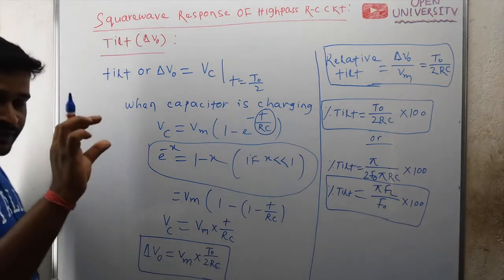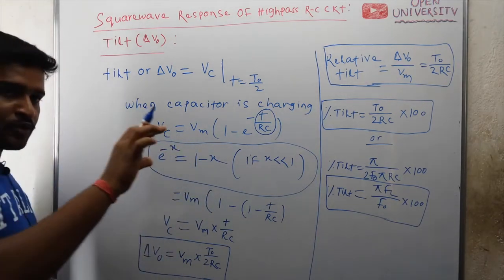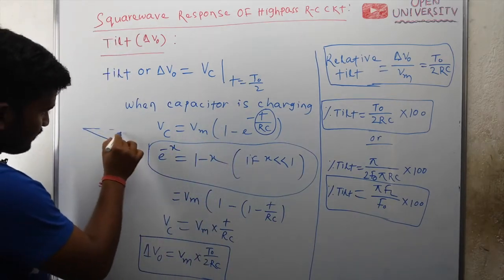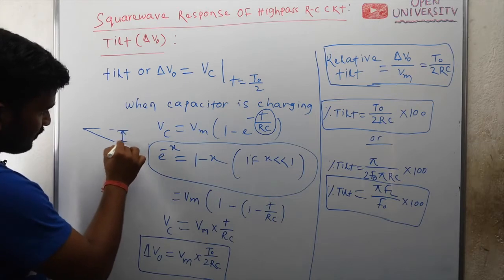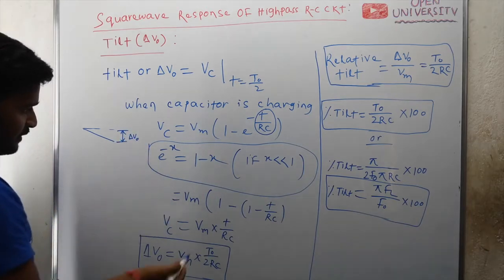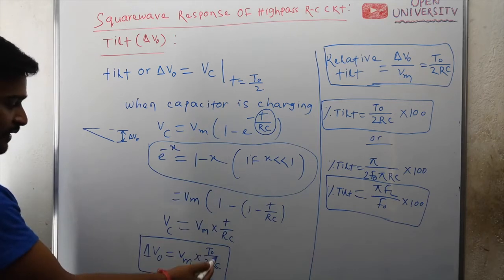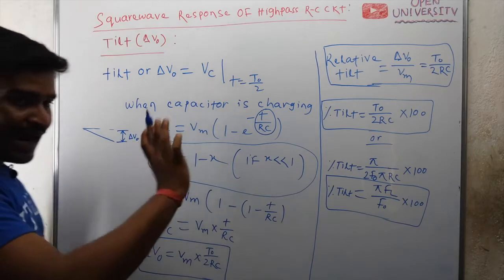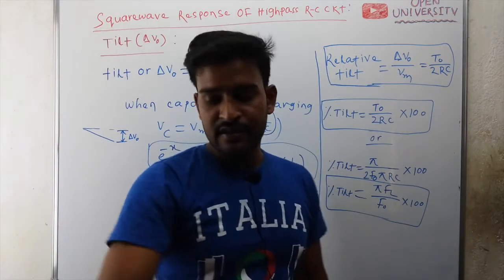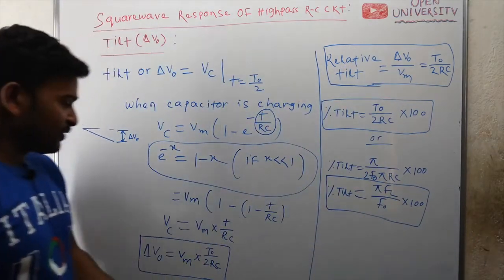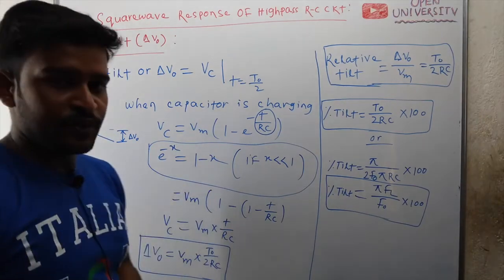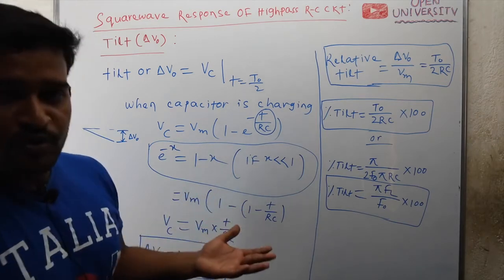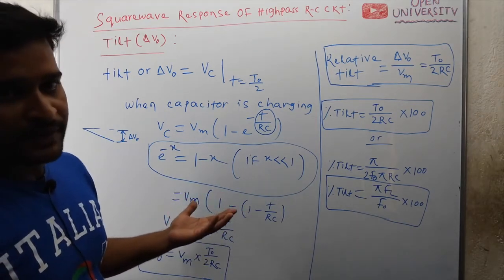If delta V naught is very low, then the output waveform will be almost the same as the input waveform. So I can say the input signal and output signal are almost the same, so no wave shaping occurs.